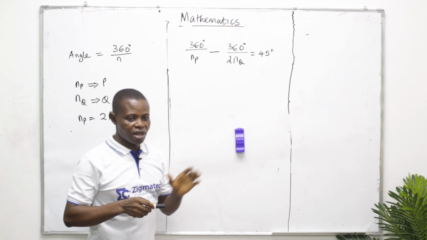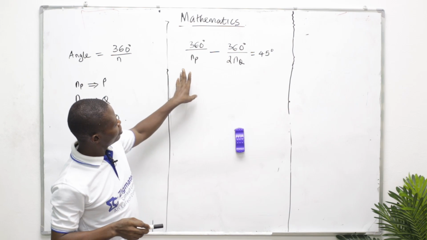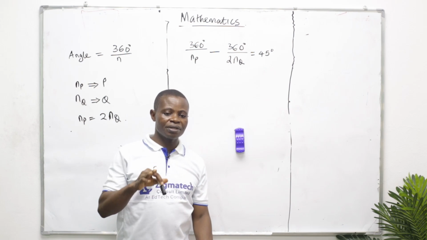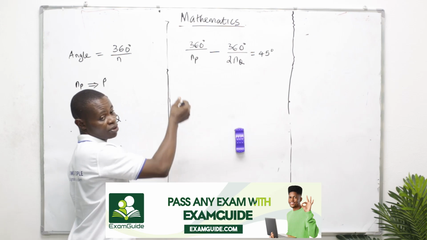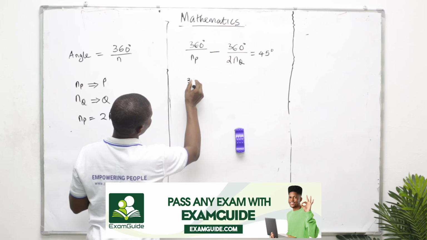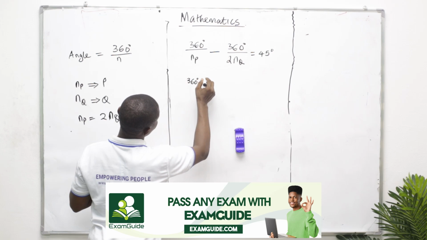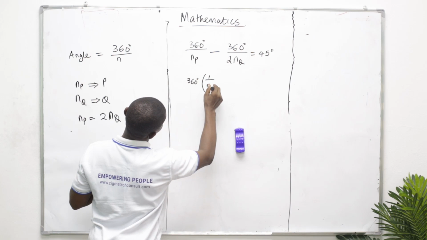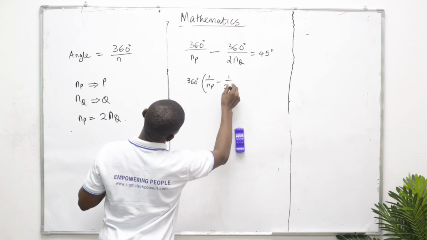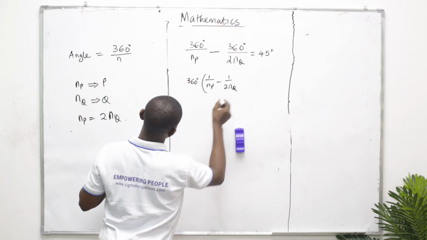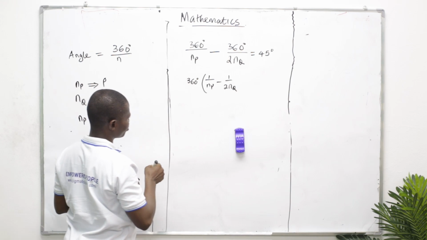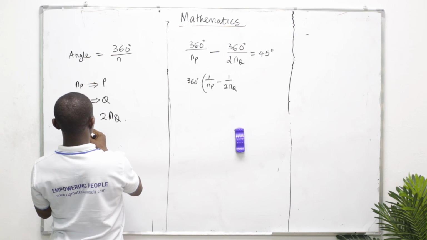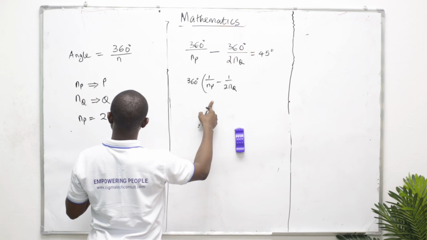If you're looking at this clearly from your end, as you're watching this video, you can notice that the numerators are the same. So what do you do? You factor it out by saying 360 degrees bracket 1 over NP minus 1 over 2NQ. So we need to balance this so it will be uniform.